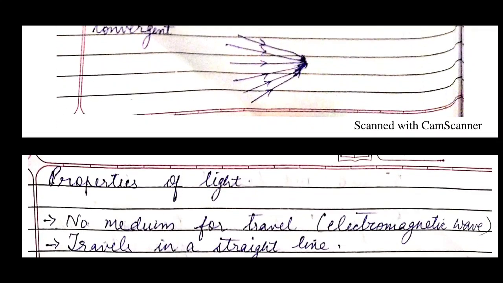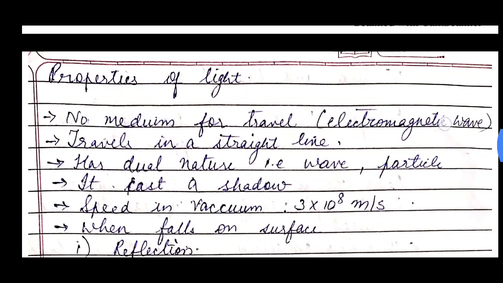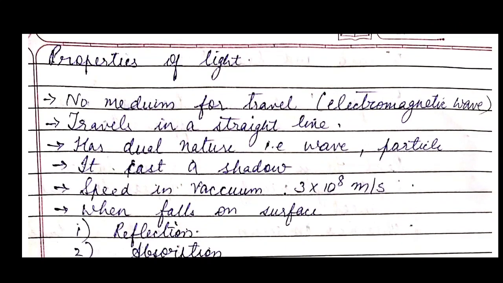Now next we have properties of light. It needs no medium to travel, as it is an electromagnetic wave. It travels in a straight line. It has dual nature, meaning it can move in wave form and particle form. Wave form we already studied in grade 9, that light waves move in a transverse way.